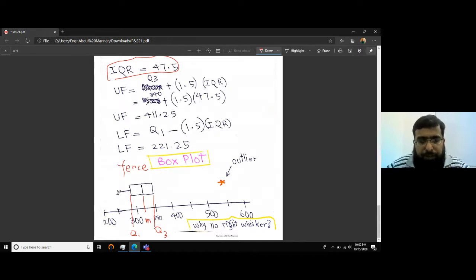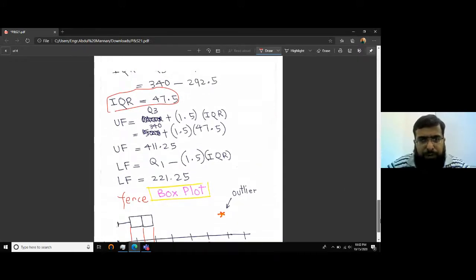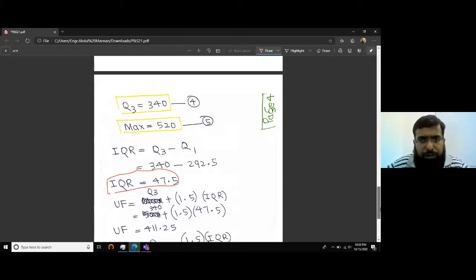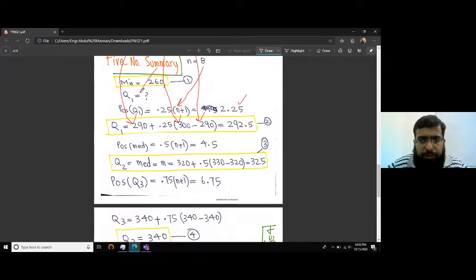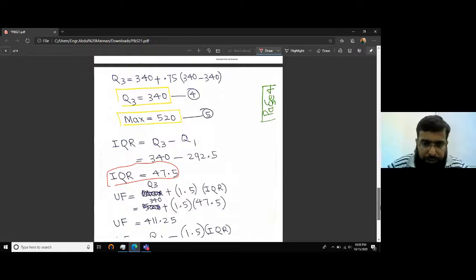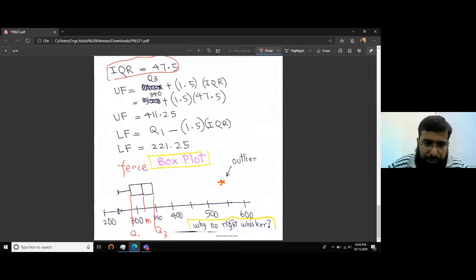The left whisker is the minimum number. So what is the minimum number? It's 260. So it's stretched up to 260. This is the minimum number, MIN. But there is no whisker from the right side of this box, from Q3, to the max number.